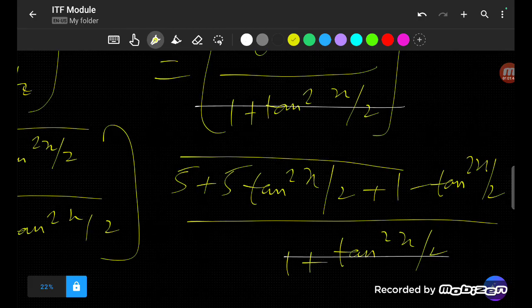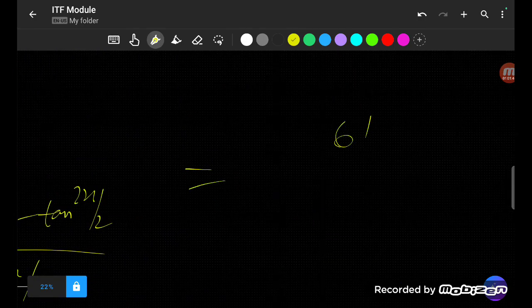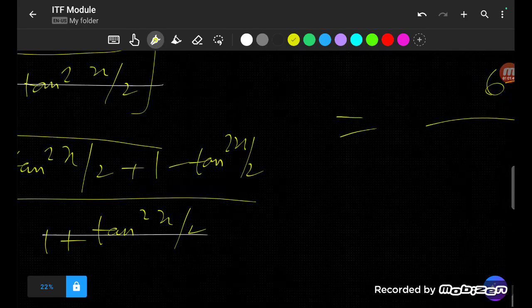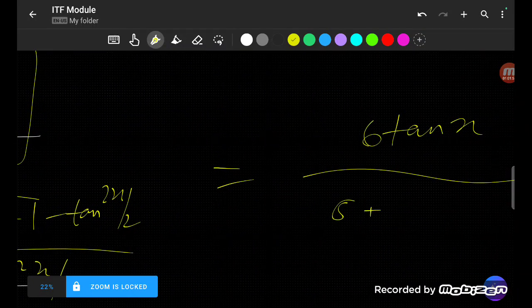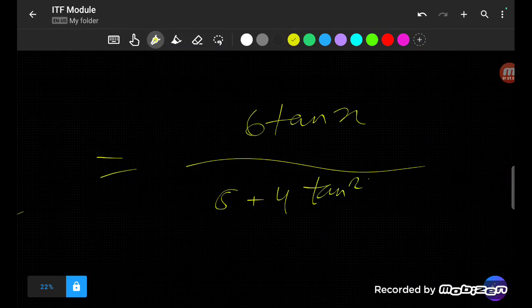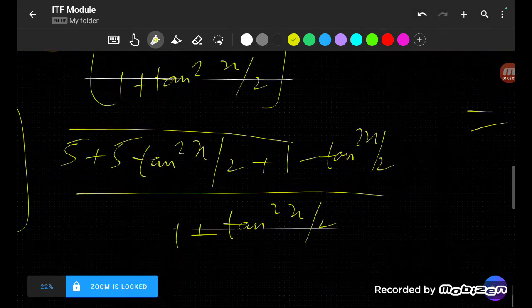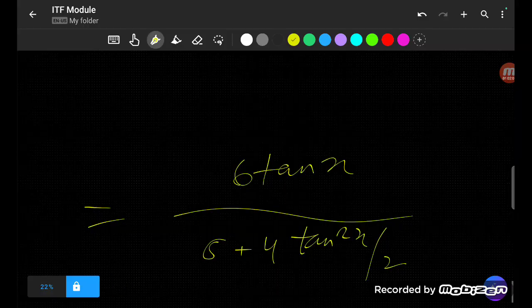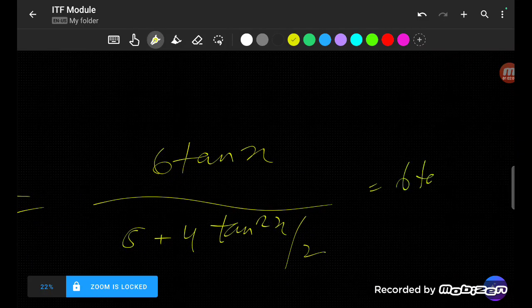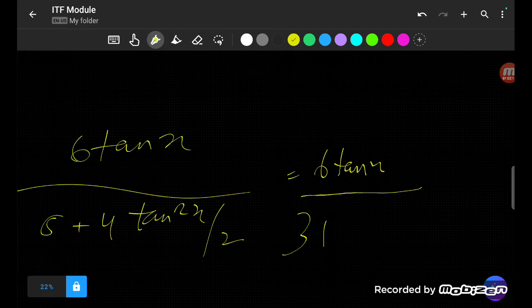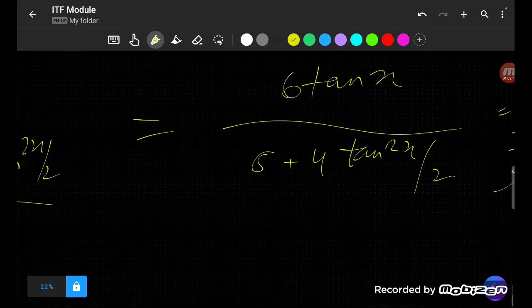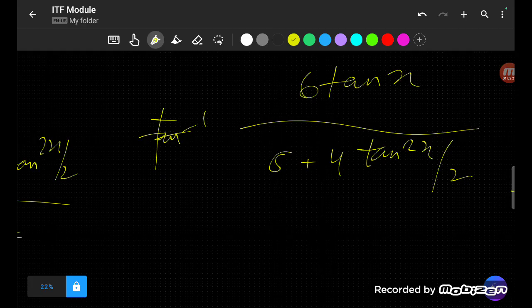Obviously this will get cut, so this will become 6 tan x upon 5 plus 4 tan square x by 2. If 6 tan x upon 3 plus, so something like this in tan inverse.